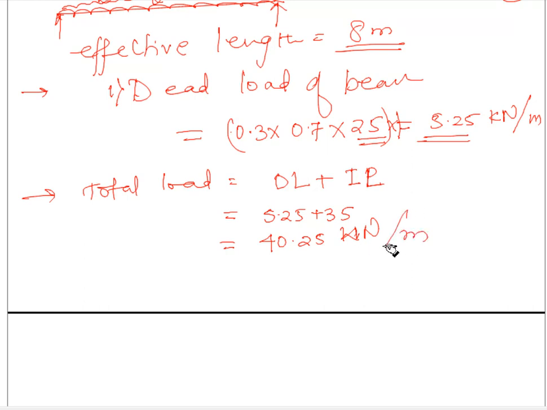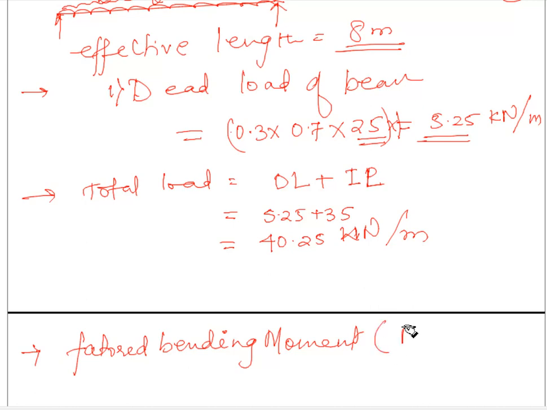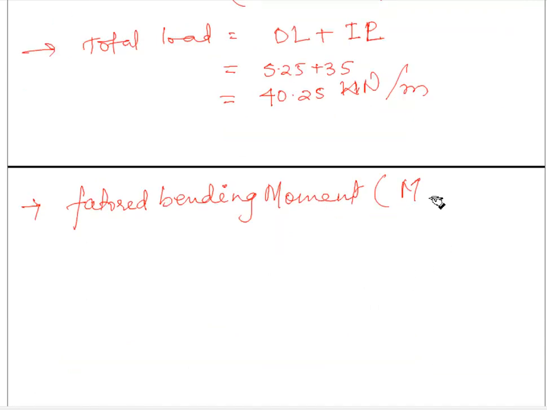Now we have the total load, so we can easily calculate the bending moment for which we need to design the beam. For design we always need the factored bending moment, which is MU. For a simply supported beam, the formula is WL square by 8, where L is the effective length.